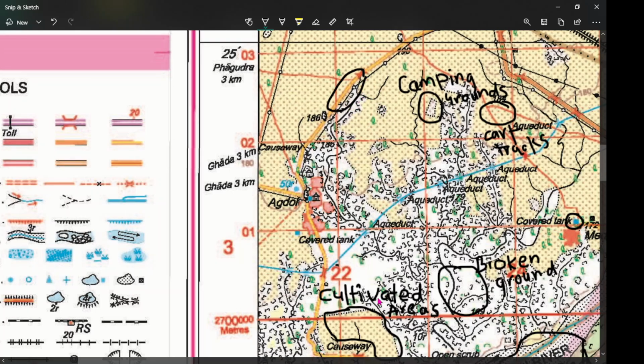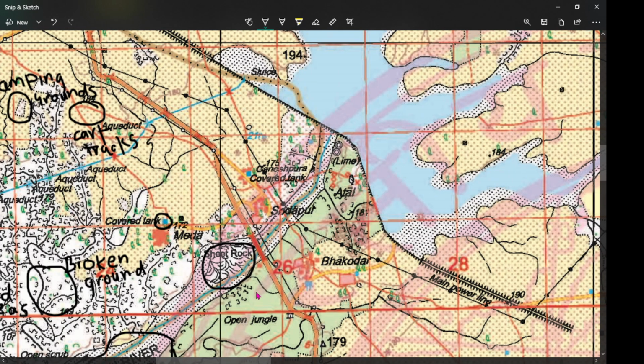So there are multiple different features present within this. We can mark them and interpret them.